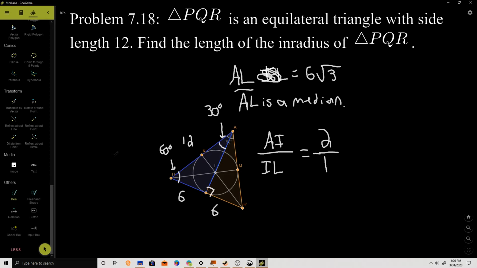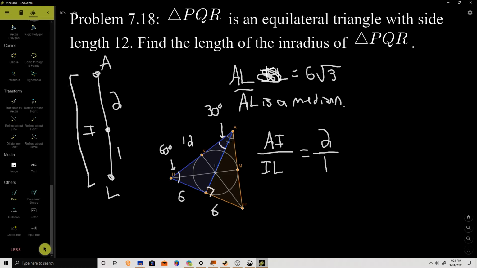Well, if that is true, let me take over here for a second. I'm just going to draw, I know it's funky and out of the way, but let's just pretend that this is the same thing as in a triangle. That's our median. I know this has a 2-to-1 ratio, which means that if this is a 2 and that's a 1, AL would have to be 3.